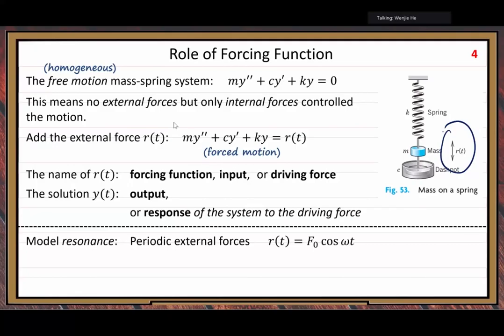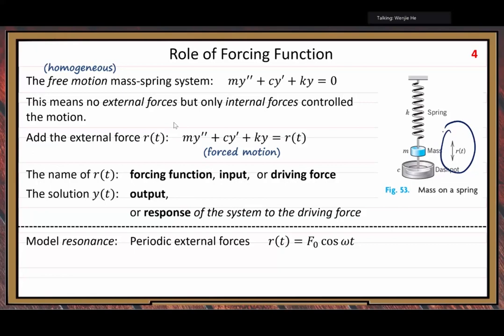Based on this observation, experiments and understanding, we model the external force, little r function, by a periodic function: F0 times cosine of omega t.